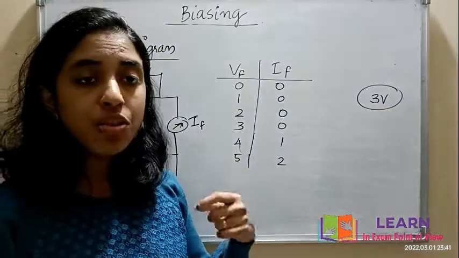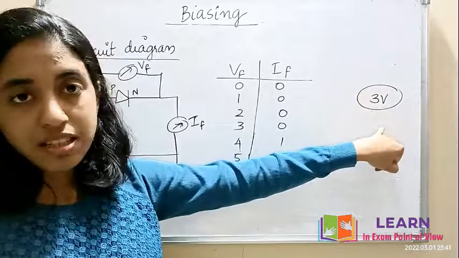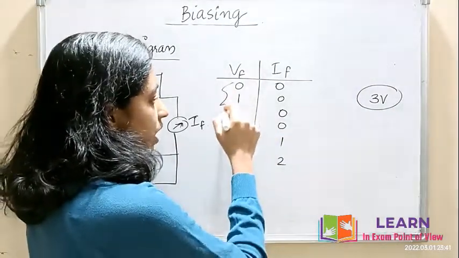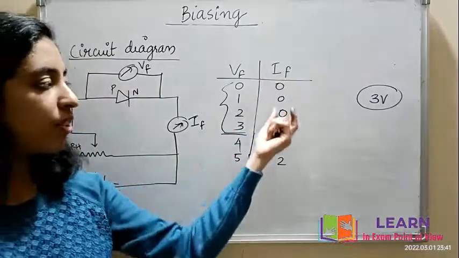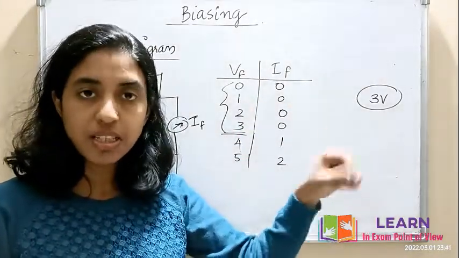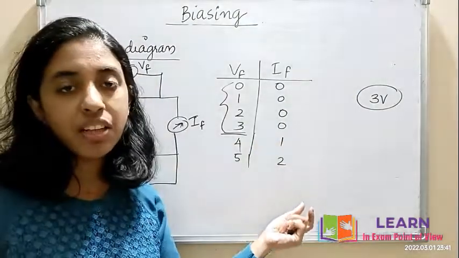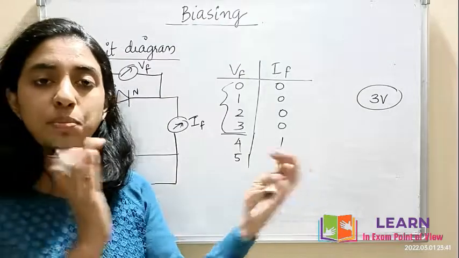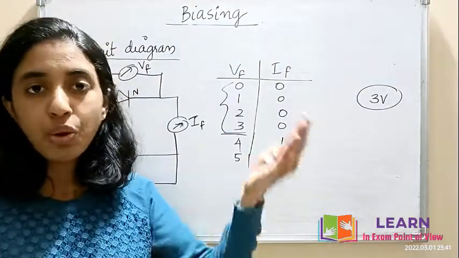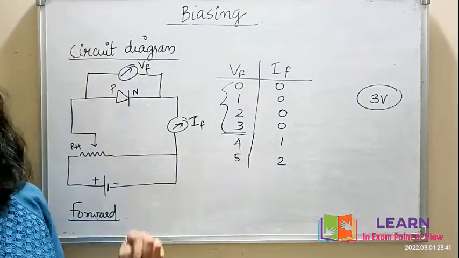So in order for the current to flow, we should give the external battery more than this 3 volts. So up to 3 the current will not be there. If we exceed that potential difference, when it comes to 4 it starts having current. Then only the depletion layer reduces and the electrons move to the P-type, right? There will be a movement of electrons and current starts to flow.